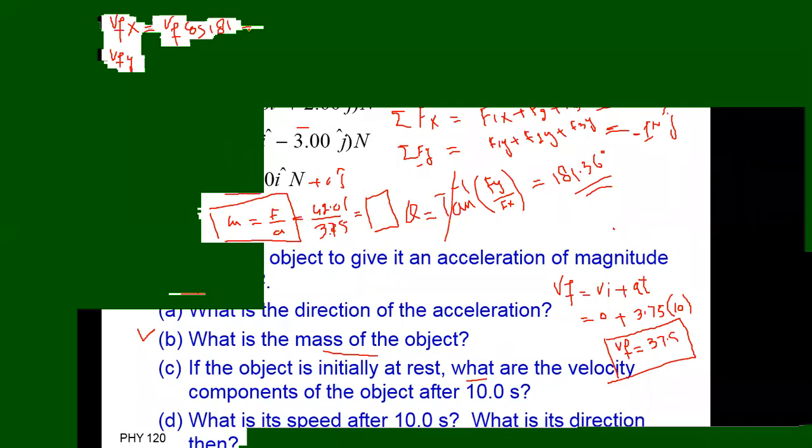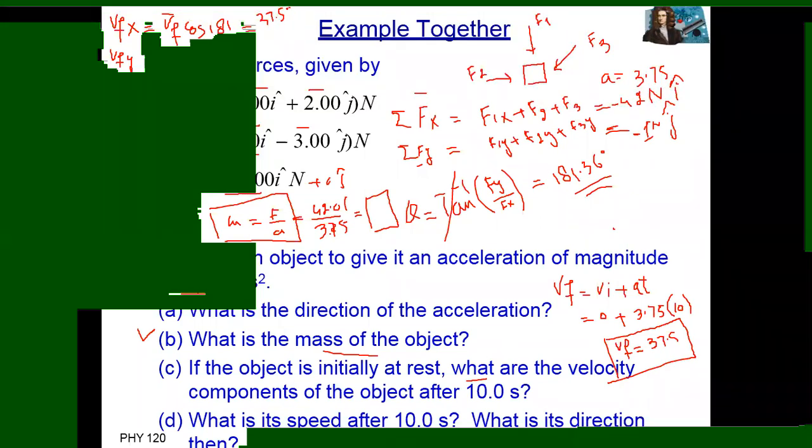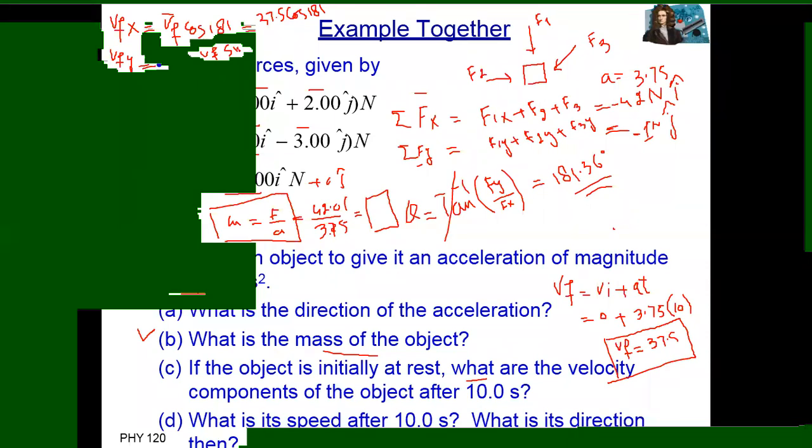Vf is the last one, 37.5. So simply you can write 37.5 times cosine of 181. How to find Vfy? In the same way, with the formula Vf times sine 181. Correct?